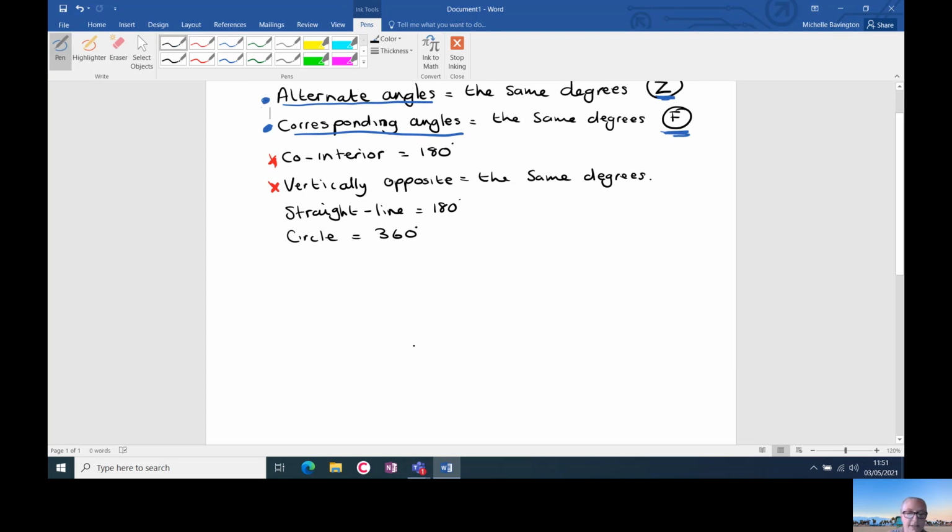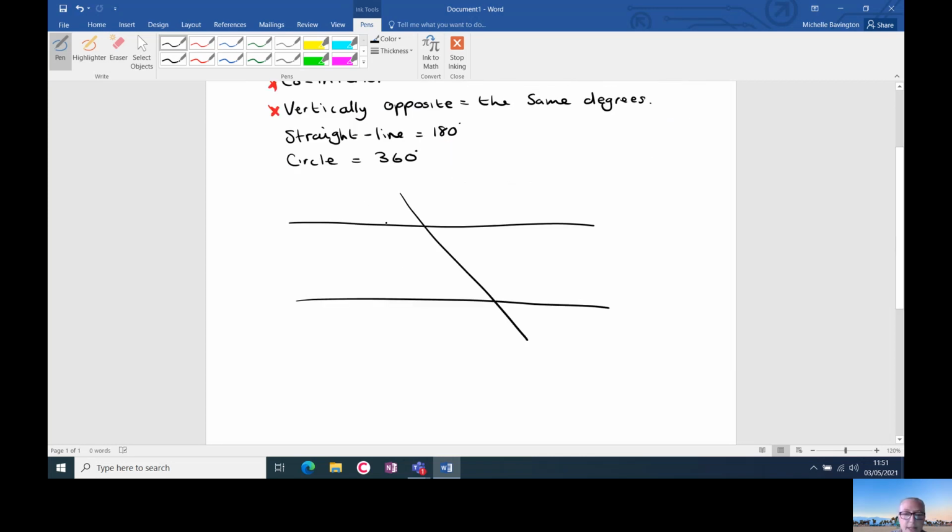Okay, now a typical GCSE question could be, let's do one more. 45 and find X. I could do it lots of ways.